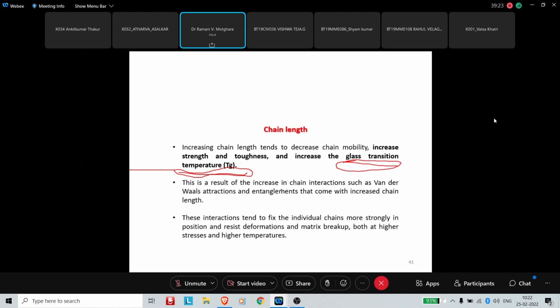This is a result of increase in chain interactions such as van der Waals attraction and entanglement that come with increased chain length. These interactions tend to fix the individual chains more strongly in position and resist deformation and matrix breakup both at higher stress and higher temperatures.